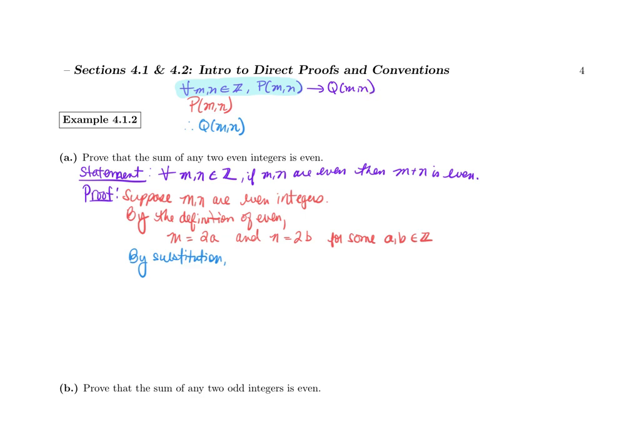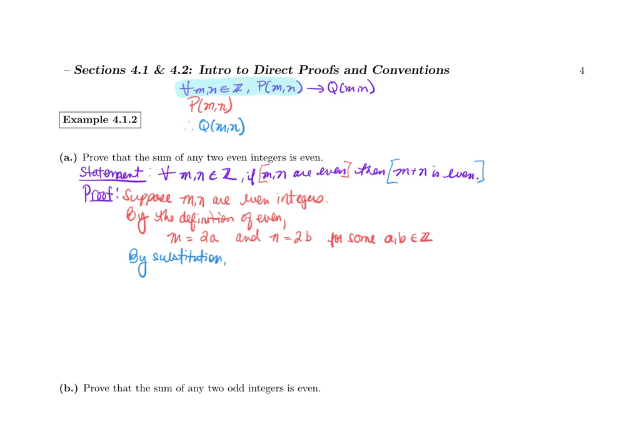In our statement, P of mn is m and n are even, and Q of mn would be m plus n is even. So what we're trying to show here is that m plus n is even, based on this definition that we just provided, because we were able to assume that P of mn is true.